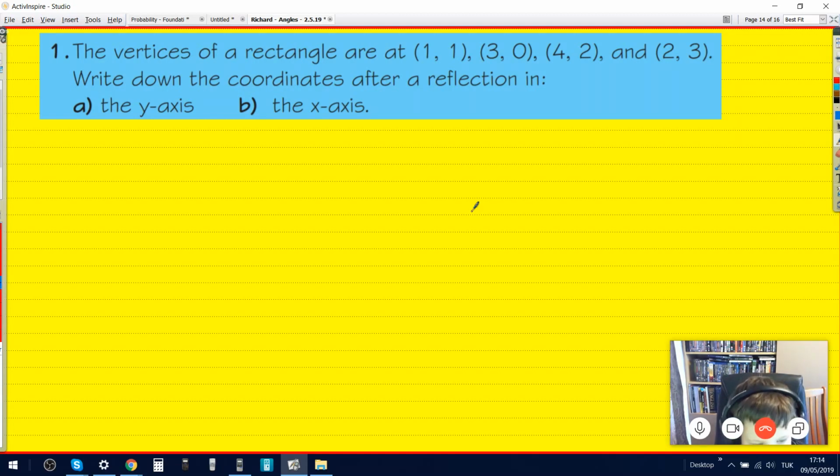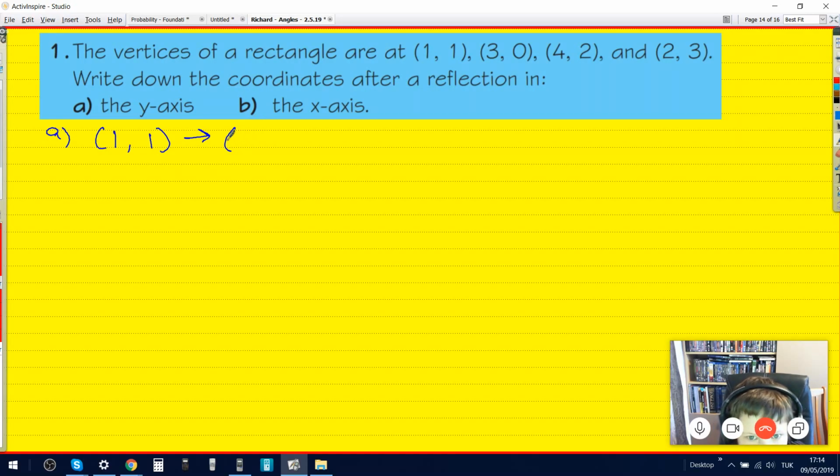So in the y-axis, the x-axis changes. So for 1, 1, it would be mirrored. I think it would be 3, 1.